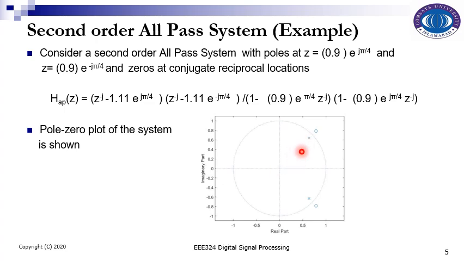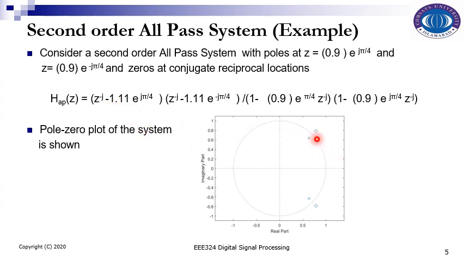Now the zero corresponding to this pole is at a conjugate reciprocal location, which is 1 over 0.9. So the zero is at 1.11 e^(j pi/4). So this is the zero.